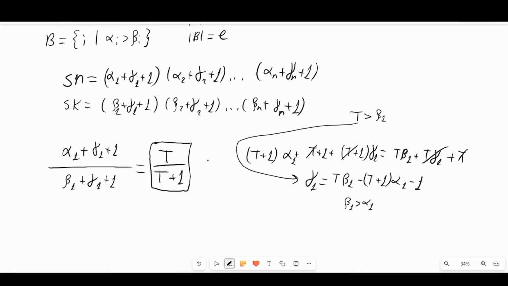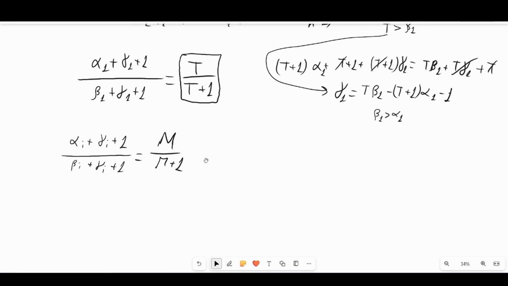Now, look at the numbers which are in A. If we are given alpha plus gamma i plus 1 over beta i plus gamma i plus 1, this may take any value m over m plus 1 for some integer m. And how can we apply this to our problem? We take the product over the integers.